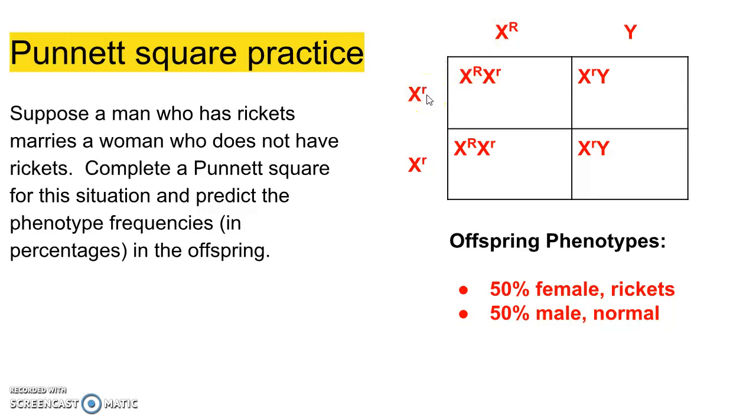The woman does not have rickets, so her genotype has to be X little r, X little r. Okay, when we fill in our Punnett square, 2 out of our 4 offspring, or 50%, are female, and they have at least 1 big R, so they have rickets, whereas our 2 male babies here and here are normal since they inherit the X little r normal allele.